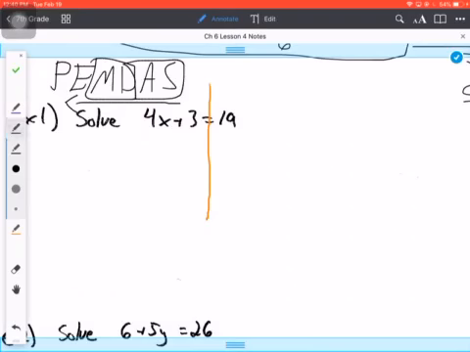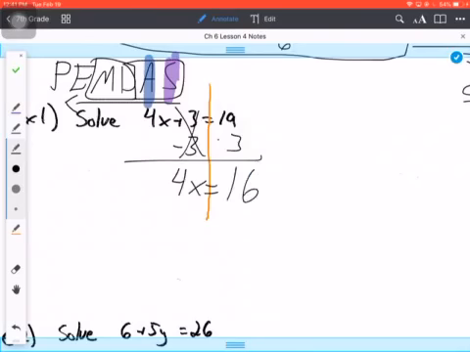There is addition, so I'm going to undo that with subtraction. That creates a 0 pair, so I'm left with 4x equals 16. Next, there is multiplication, so I'm going to undo that with division by dividing both sides by 4, and I get x equals 4.